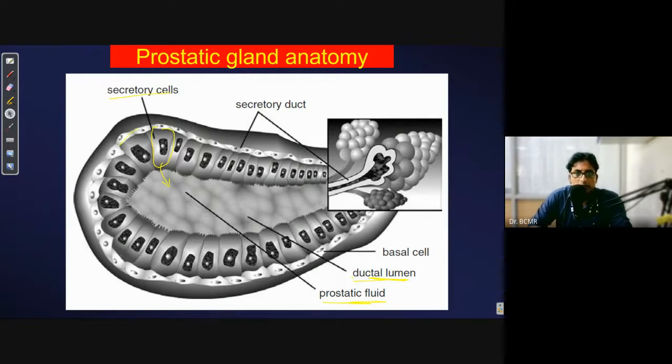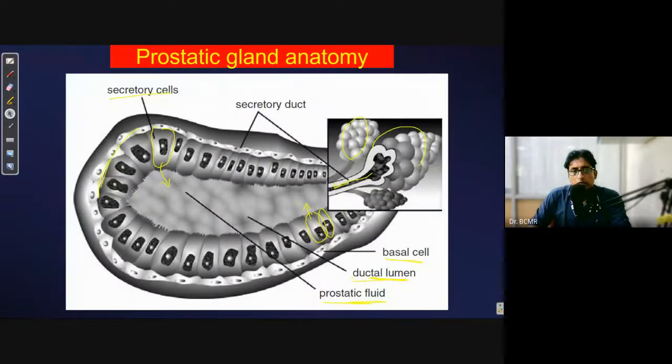One is the outer basal cells, the layer of cells on the outside, and the other is the secretory cells, whose function is to secrete the prostatic fluid into the lumen, right? One will find several of these ducts and lobule-like things which all form into one channel, and then the prostatic fluid is collected there and secreted along with the sperm.